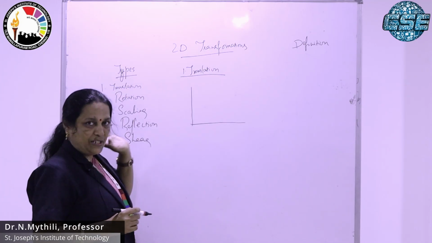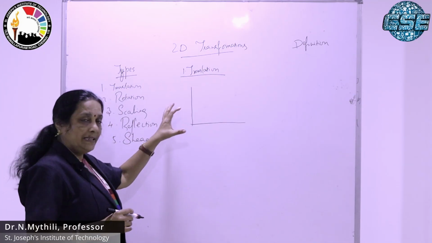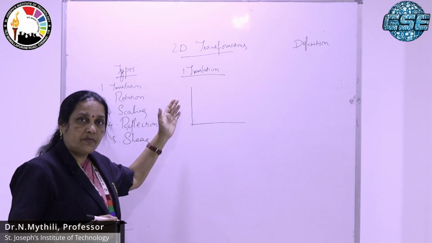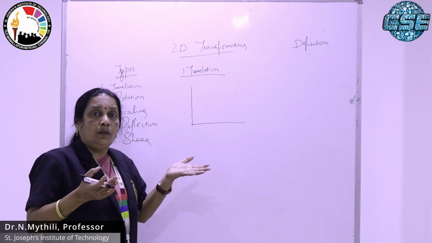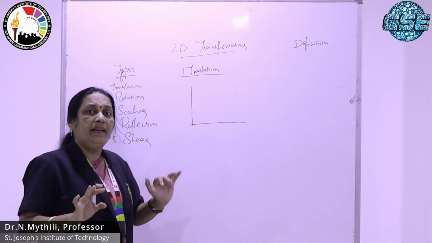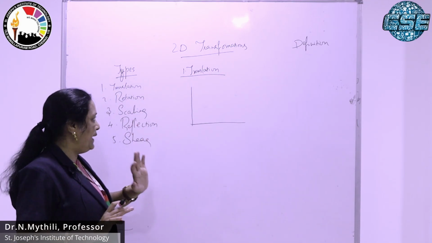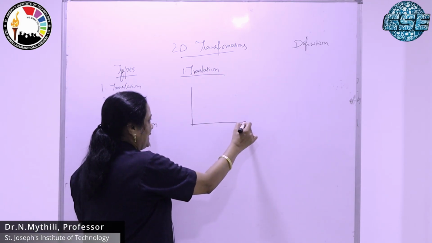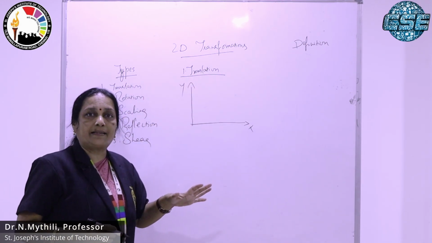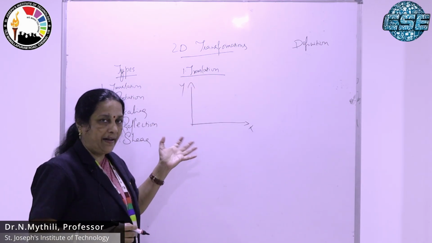Now this is a 2D plane, because we are talking about the transformations which are happening in a 2-dimensional plane only. We are not talking about a 3-dimensional plane. Now this is the x-axis and this is the y-axis. Since we have only two axes, it is called a two-dimensional plane, right?